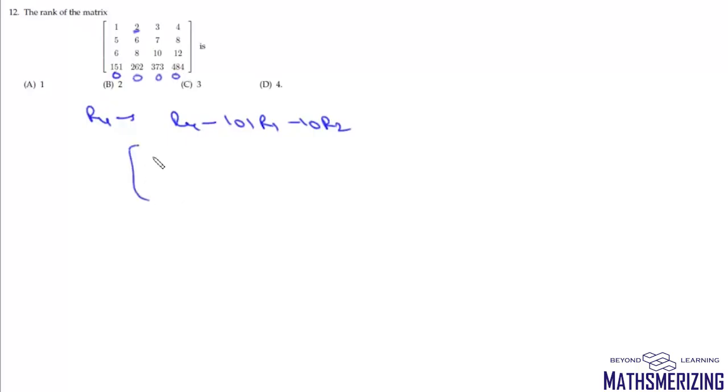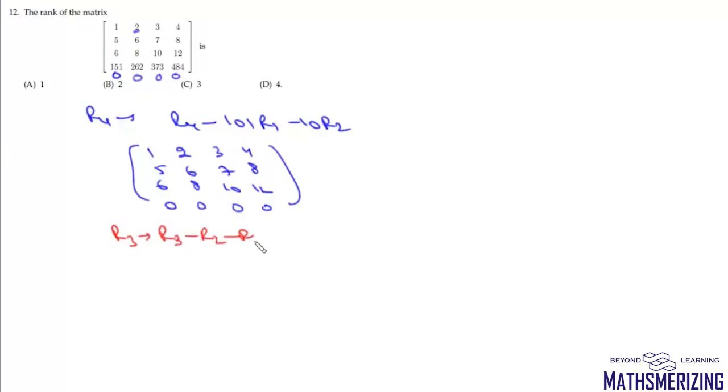So we'll get this matrix as 1, 2, 3, 4, 5, 6, 7, 8, and this is 6, 8, 10, 12, and it'll be 0, 0, 0 and 0. Now what we'll do is, we'll write R3 as R3 minus R2 minus R1.